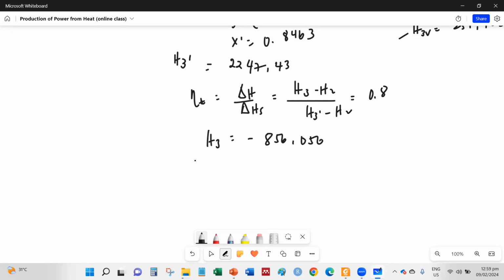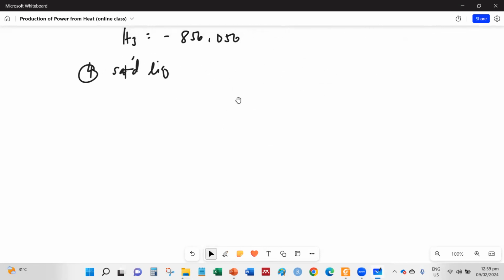Let's move to point 4. Point 4 is saturated liquid. Given is point 4, P4 equals P3.